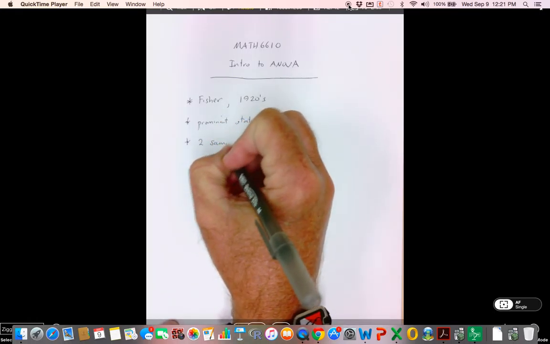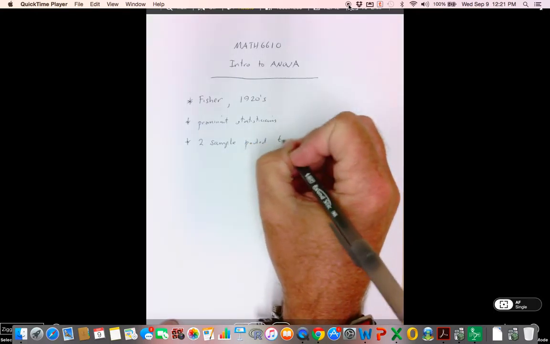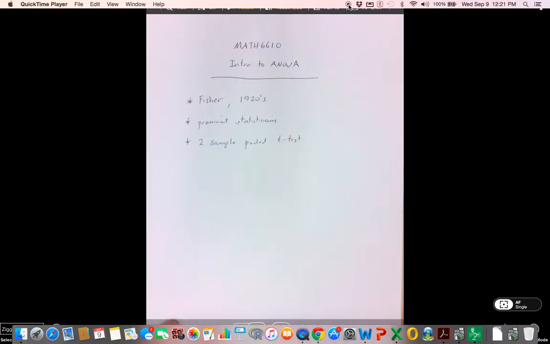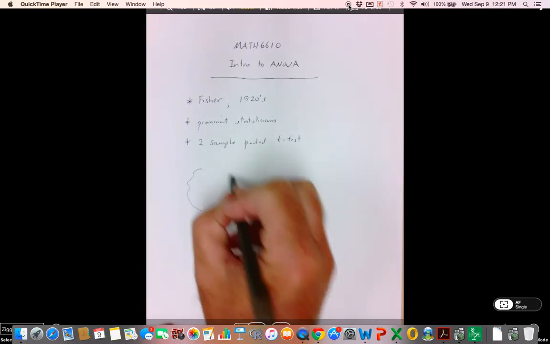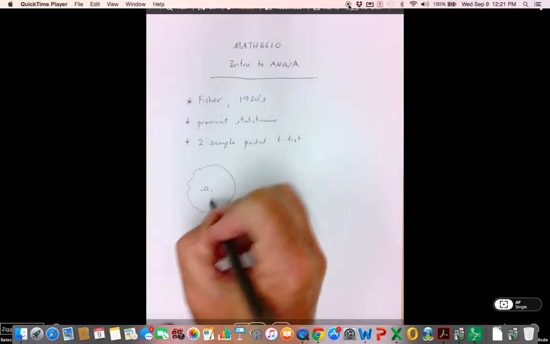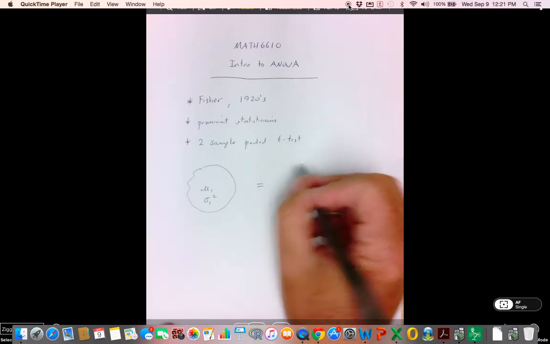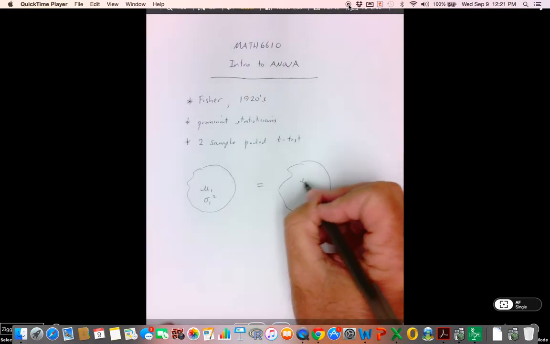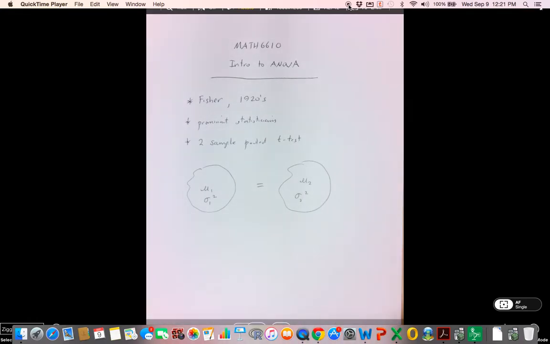we can revisit a two-sample pooled t-test. A two-sample pooled t-test would seek to test the equality of two group means with equal variances.